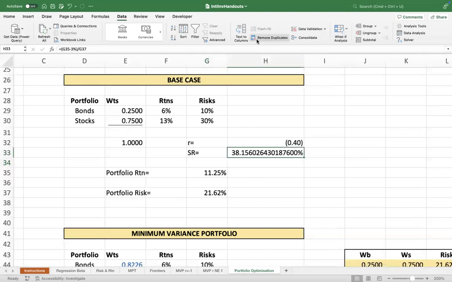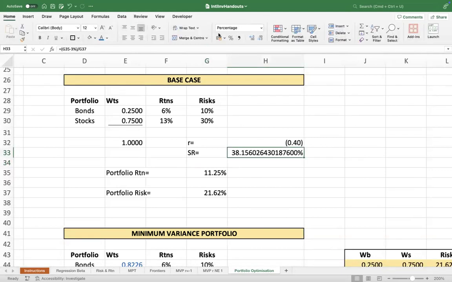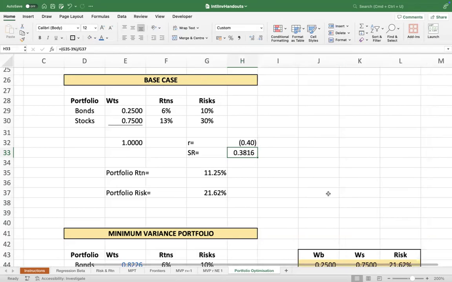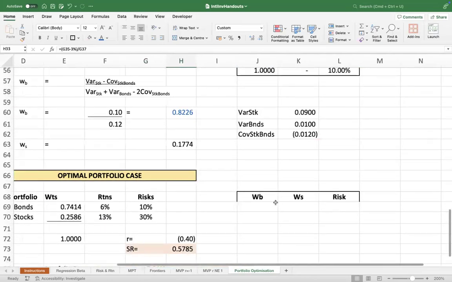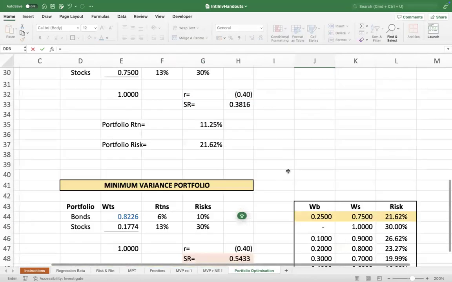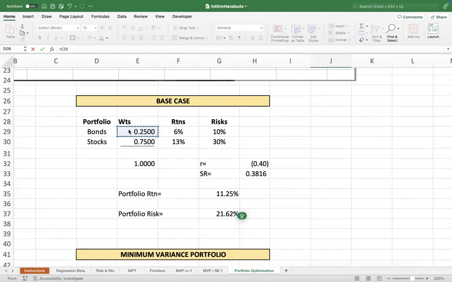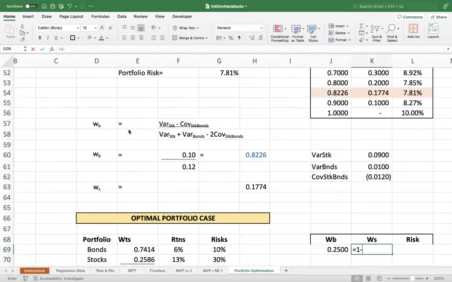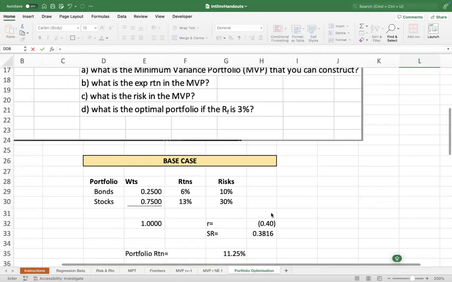See, in the base case it was only around 0.38. That means there is a 50% or more jump which is recorded by optimization. So if I plot the weights, in the base case it was 0.25 for bonds, 0.75 for stock, and Sharpe's ratio was around 0.38, isn't it?